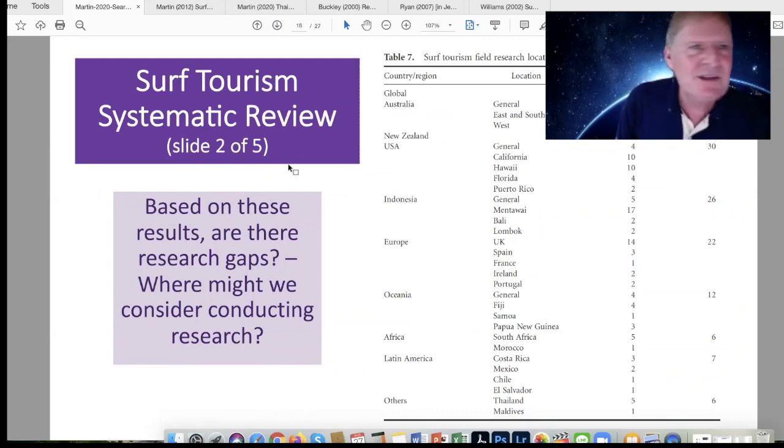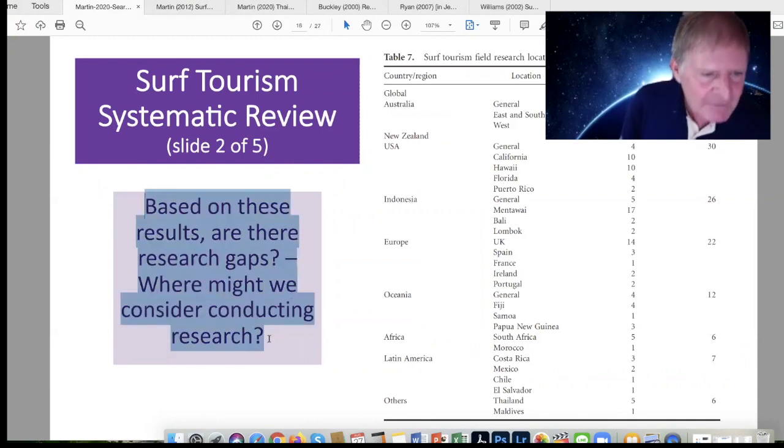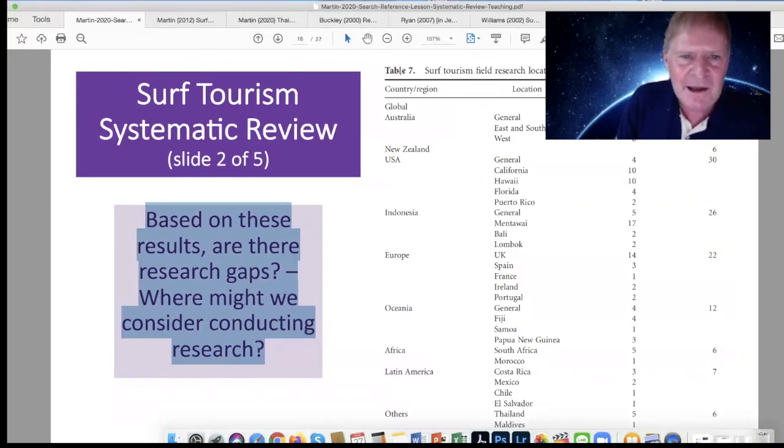So for example, because I don't want to talk everybody's ear off here for too long and keep within the time difference. I have so much to say. This paper is quite large. But as example, okay, so here's an example of some results of this paper. So here's one table. So what I did is I looked at all 156 pieces of research and identified locations, right? So in other words, where did they study? So surf tourism research, where did they study?